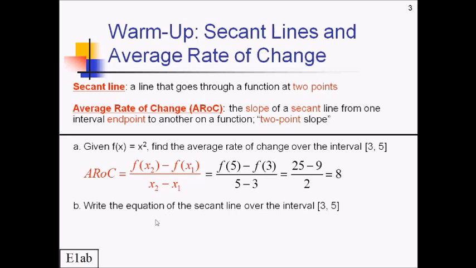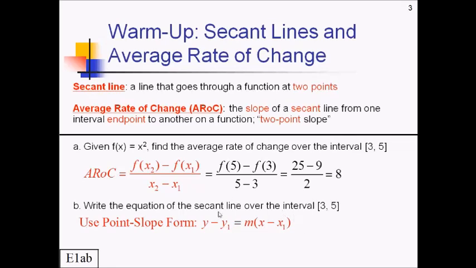So maybe you remember to use the point slope formula, but if not, here's a good one for writing equations of lines. y minus y1 equals m times x minus x1. It's a little bit better than slope-intercept for this because you just need a point, any old point. It doesn't have to be the y-intercept and the slope. In this case, our slope is this 8 that we just found.